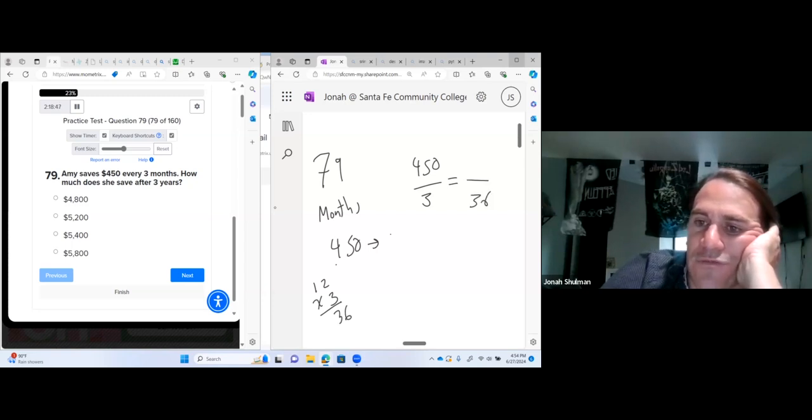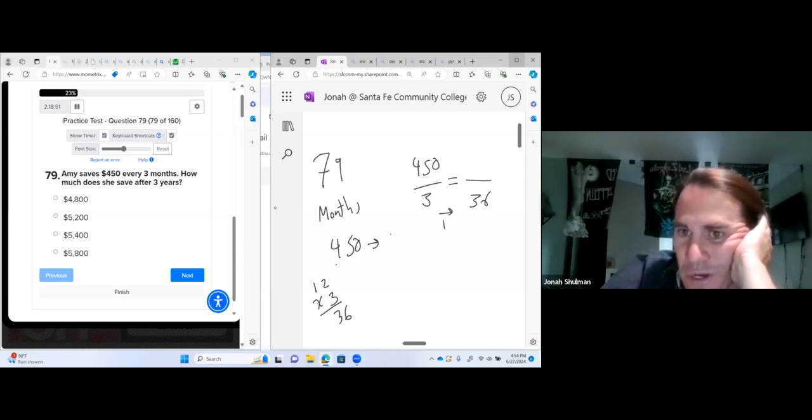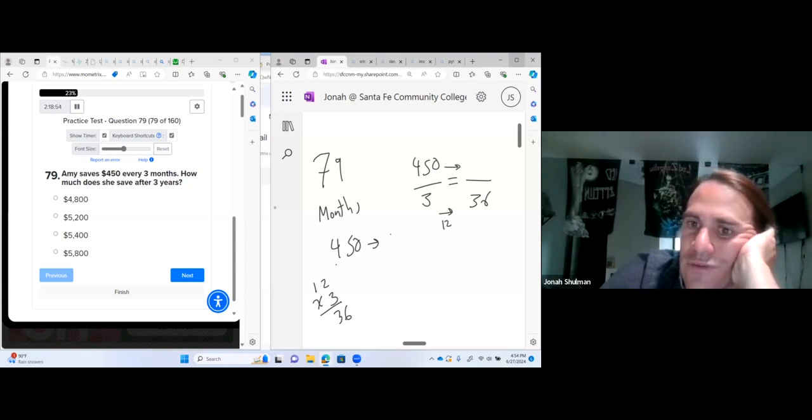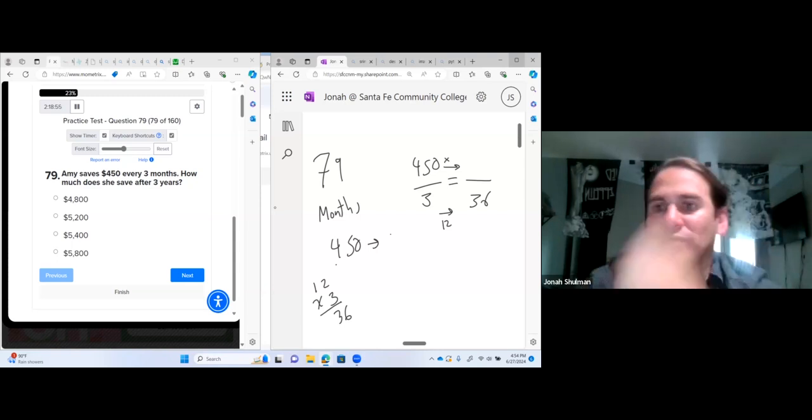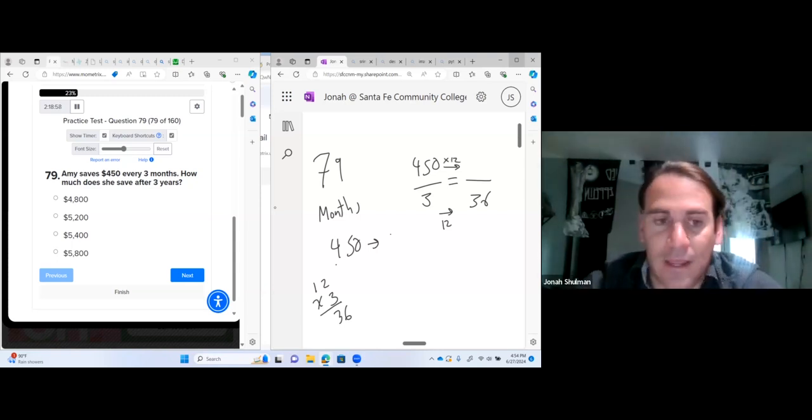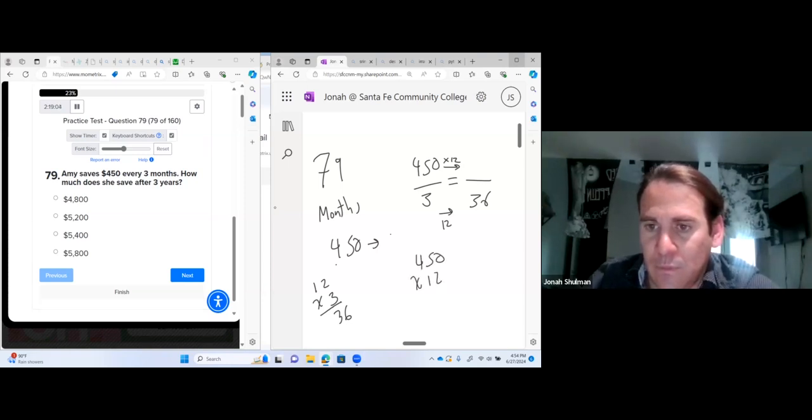So we could do the butterfly again, or we could do 3 times what is 36? It's 12. So all I have to do is 450 times 12 to get the right answer. Zero, carry the 1. 2 times 4 is 8, plus 1 is 9.